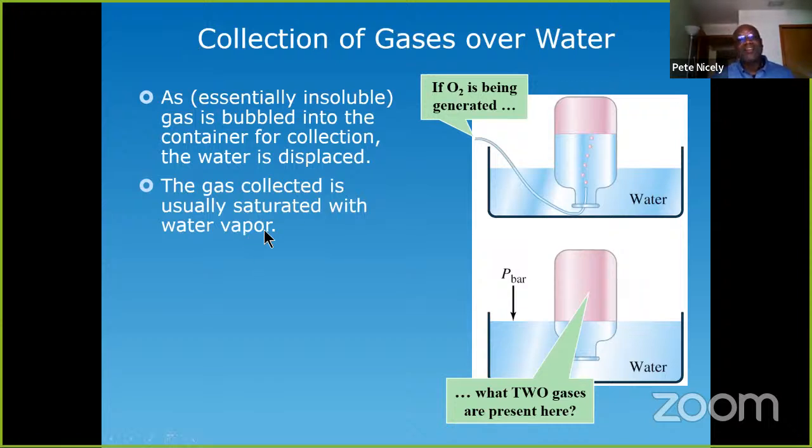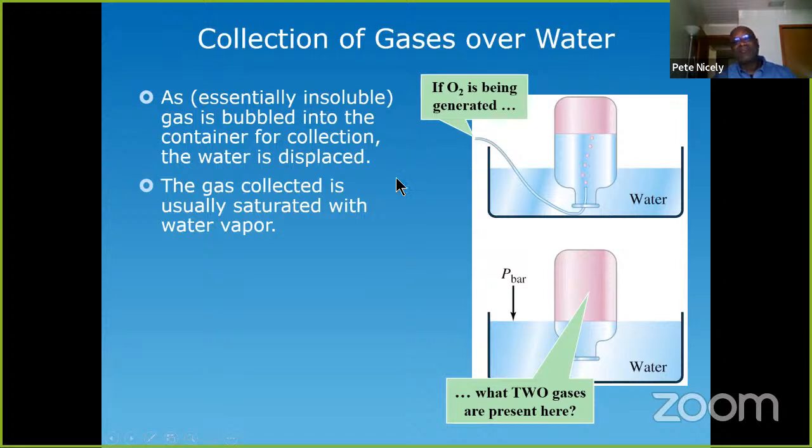Like oxygen. So the way this works is that you have a jar, which is completely filled with water, which is inverted into a trough, which also has water in it. You have a tube leading from the reaction vessel where the reaction is taking place, and that tube is led into the jar like this.